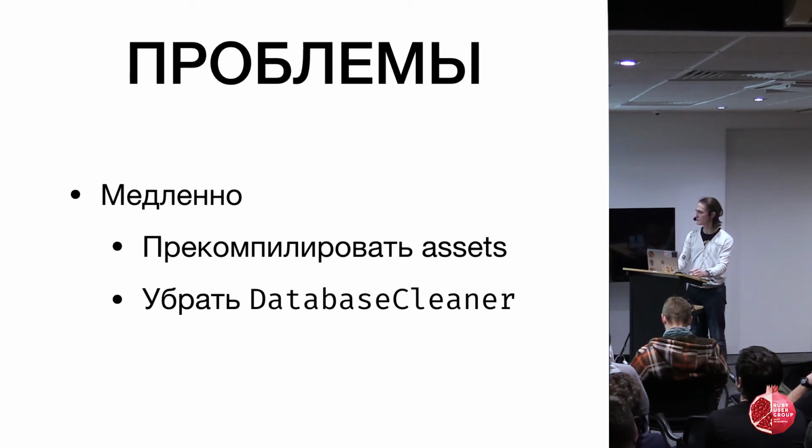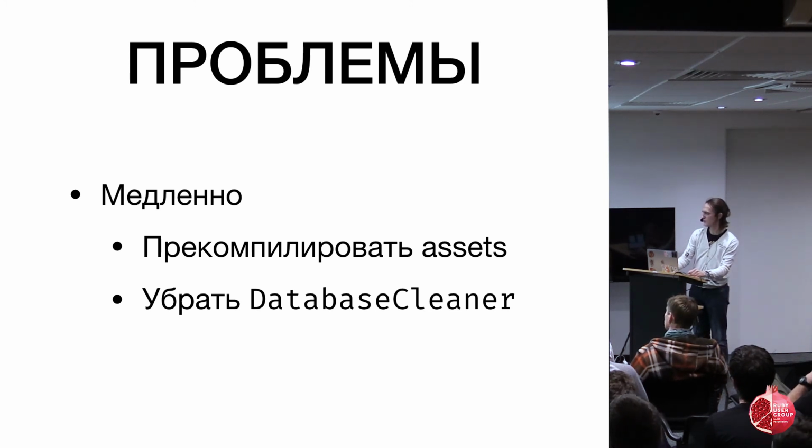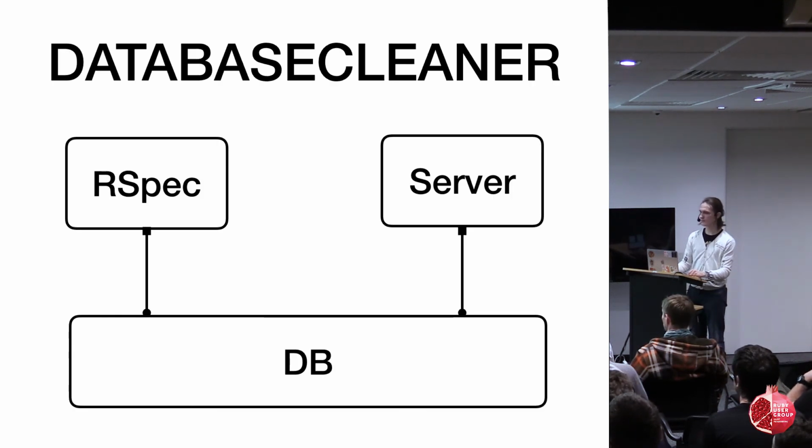We have a solution, still in concept, how to recompile assets in a test environment. However, it's unclear how much faster it's going to work, but at least something. Secondly, we can remove database cleaner. Why do we need it? Usually, in the test environment, all reading and recording is wrapped in transactions and then is rolled back afterwards.